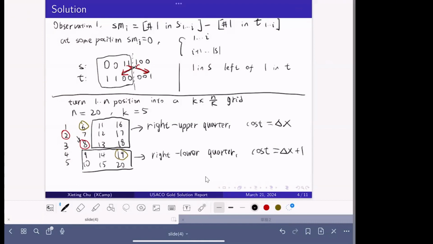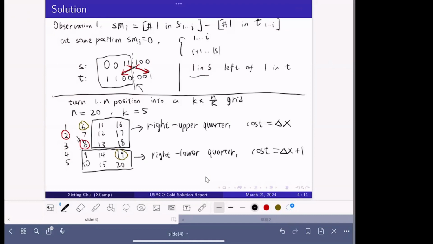And we will not swap the 8 to the left part, either left upper or left lower, because in this observation we already know that all the ones in S are to the left of the ones in T. So we will only swap it to a position that has a bigger number. Otherwise there must be a cross like this, and we can also do a swap like this to avoid these conditions.